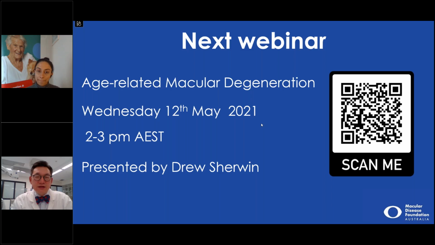Early macular degeneration is when there are a few drusen, and so that still is a form of early dry macular degeneration. As the drusen, being protein material that's deposited under the retina, become larger and coalesce, then it becomes what we call intermediate.